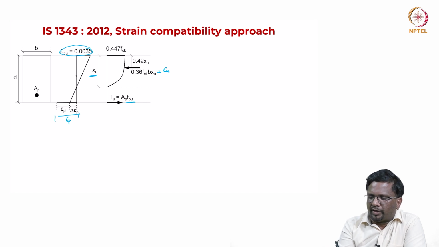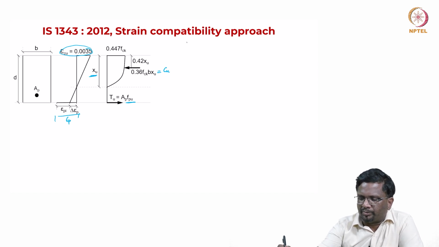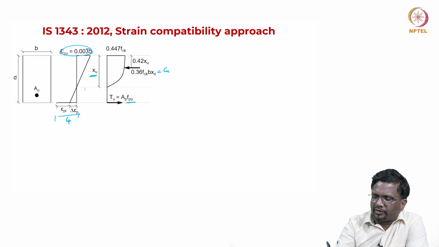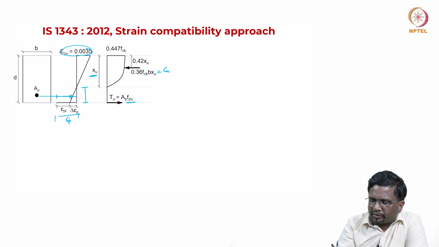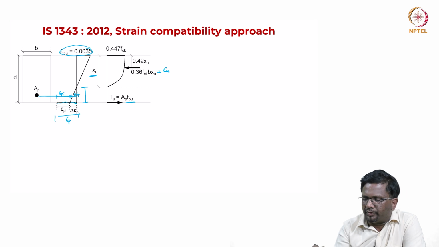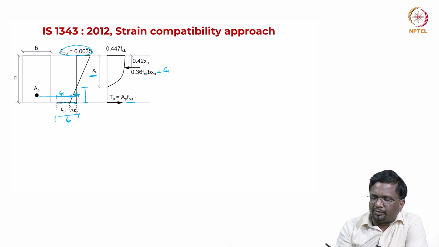Now, from similar triangles we can see what delta epsilon P is. We are looking at this location, so let us say this is epsilon Pi and this is delta epsilon P. So, what is delta epsilon P at this location?